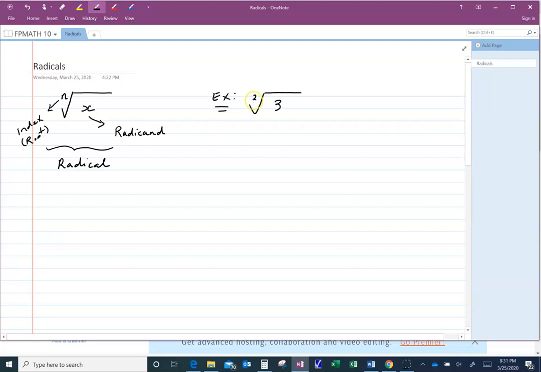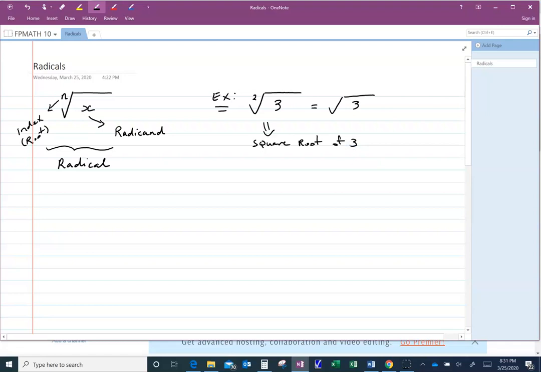If it is 2, we don't write the 2, we just leave it blank. That already means that by default, it's the second root of 3, or a square root. The way you read that is square root of 3.